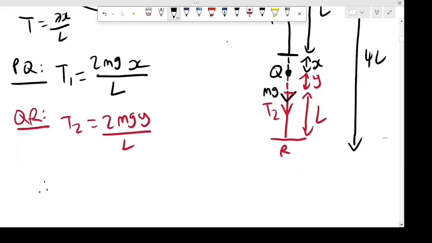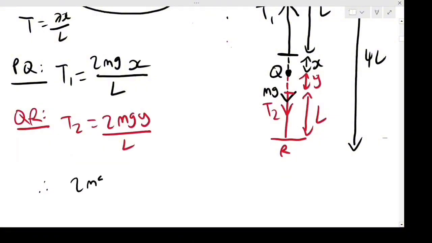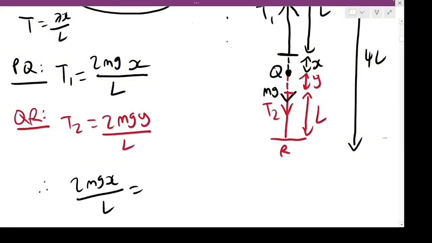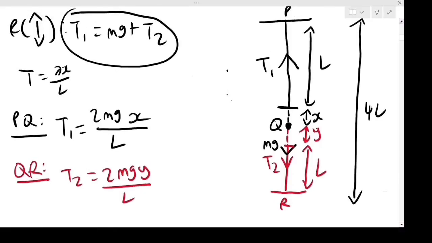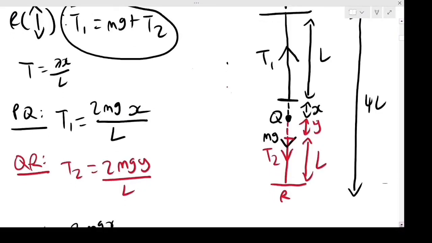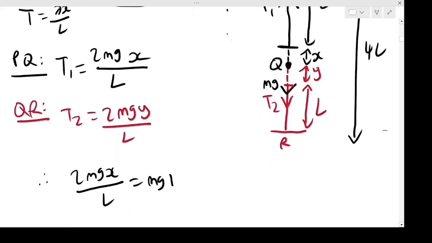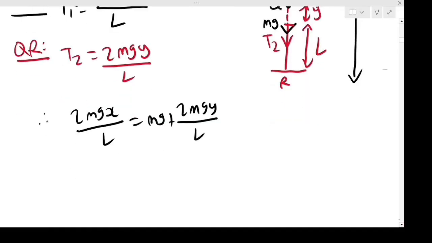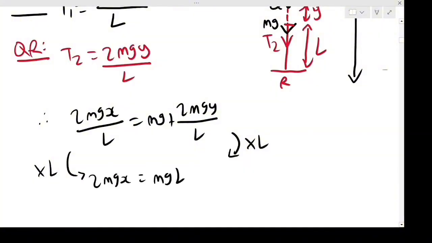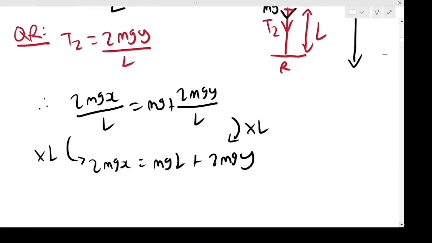Therefore, T1, which is 2mgx over L, is going to equal mg add T2, which is 2mgy over L. To simplify it, I can get rid of the fraction by multiplying everything by L, both sides. So I get that 2mgx is mgL add 2mgy. And actually then I can cancel the mg's.